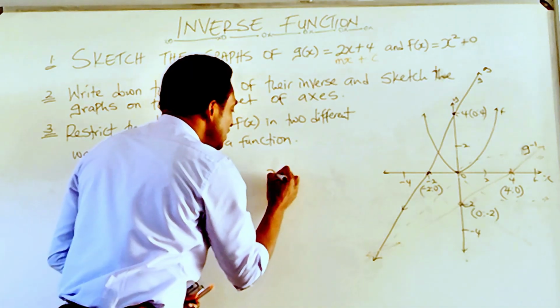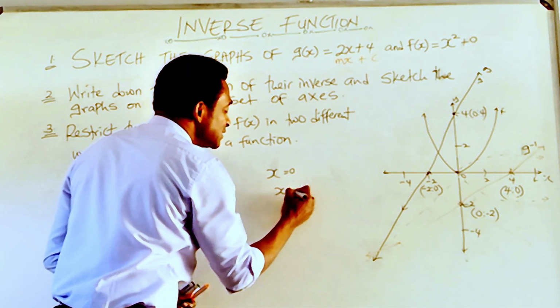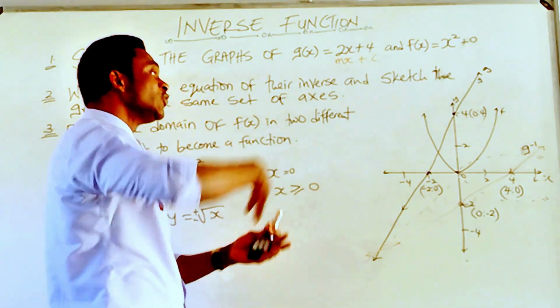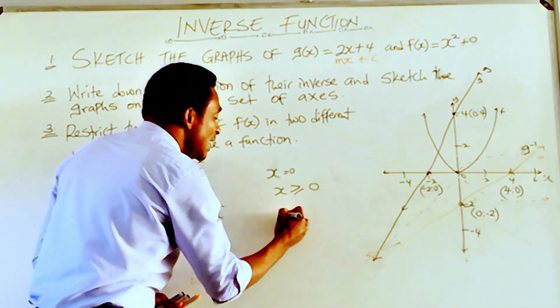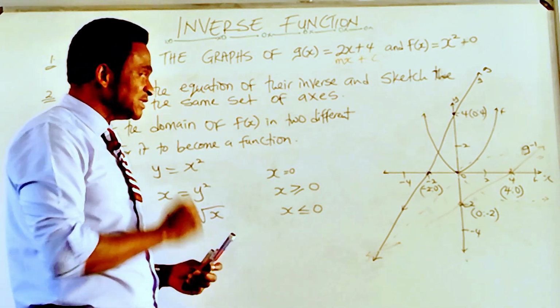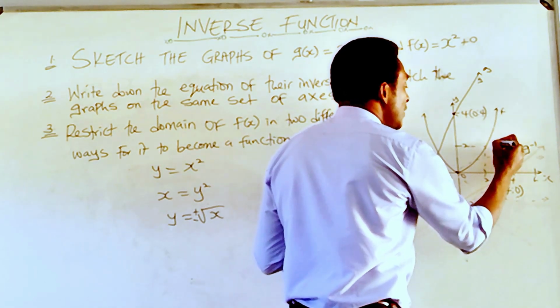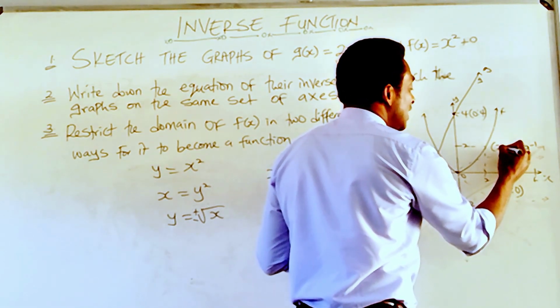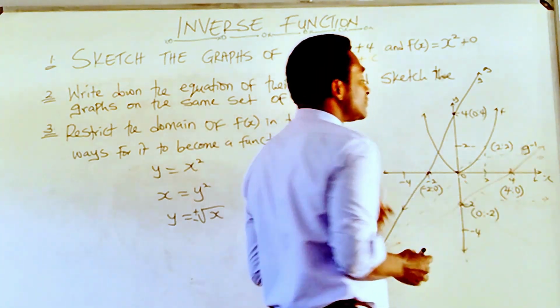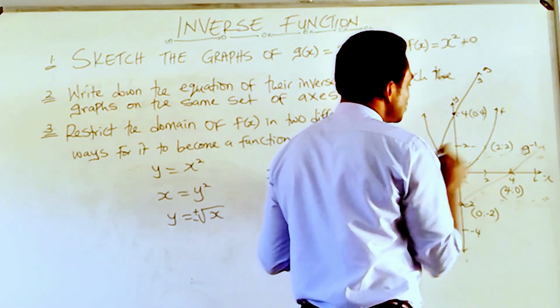So our symmetry is at x equals 0. So we can say x greater than or equal to 0 will be one part, and x less than or equal to 0 will be the other part. Let's look at this. Suppose that we sketched this graph and we got a point here.